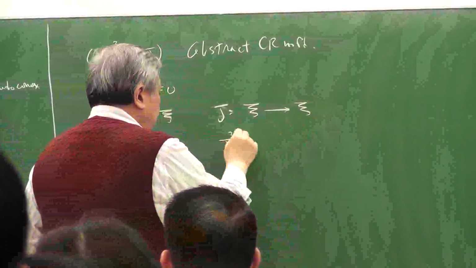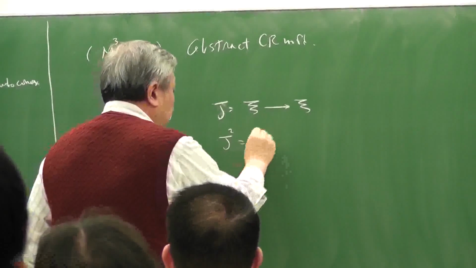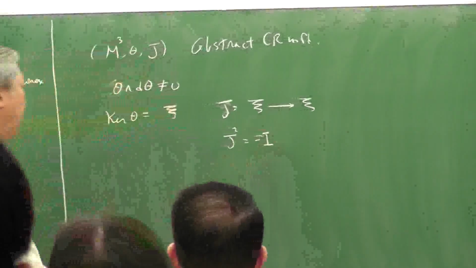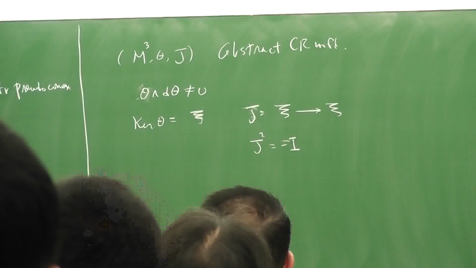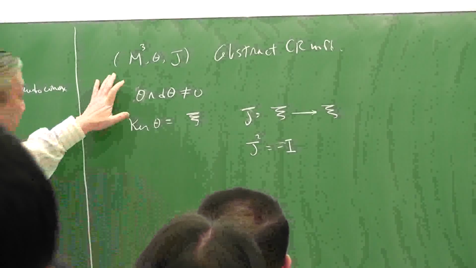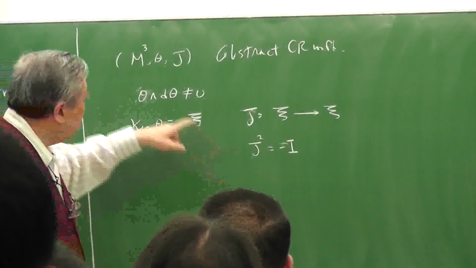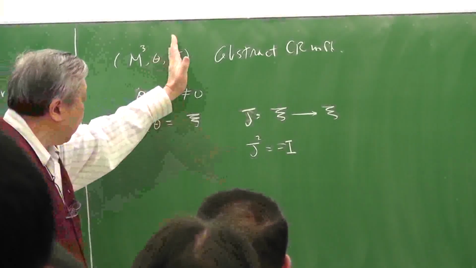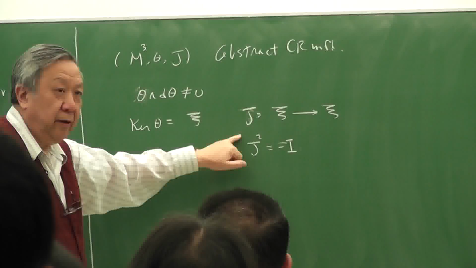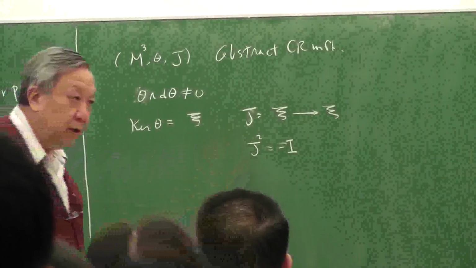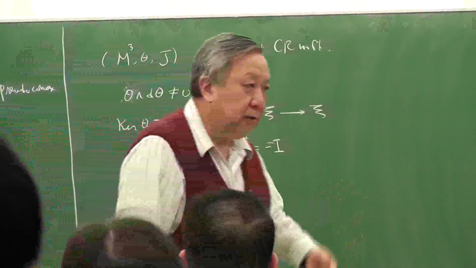In other words, J squared should be minus the identity. So when you're given such an abstract CR manifold, given such a complex structure, you can always find such a J. So in a sense, the problem is that there are too many such J's.